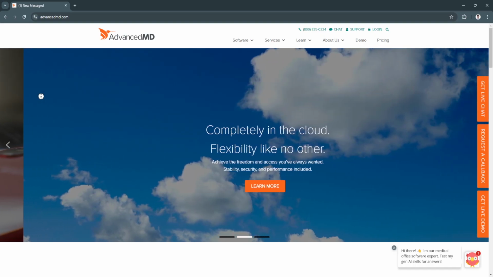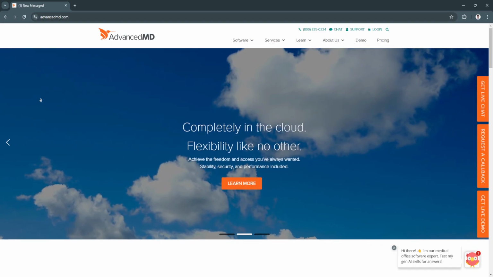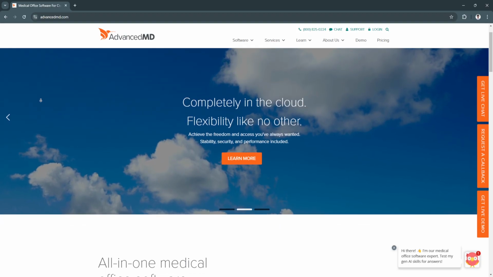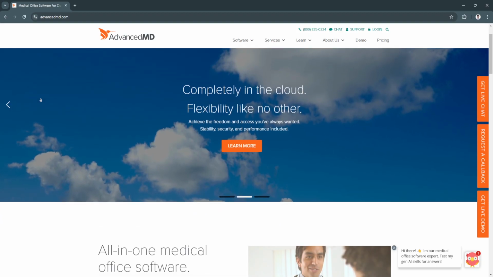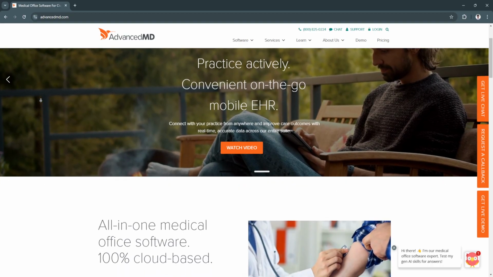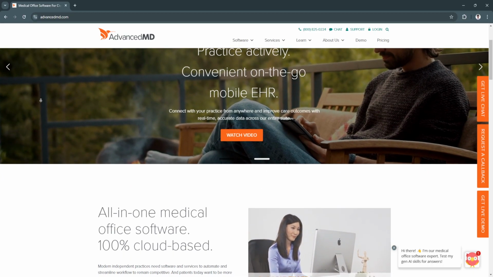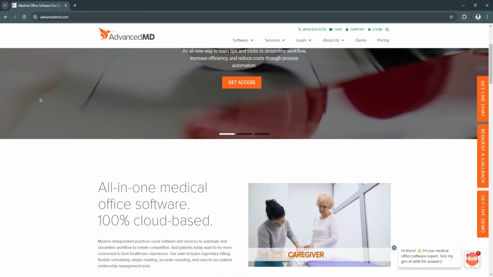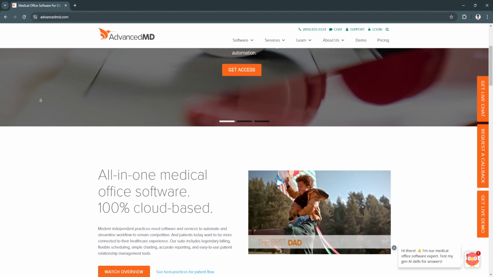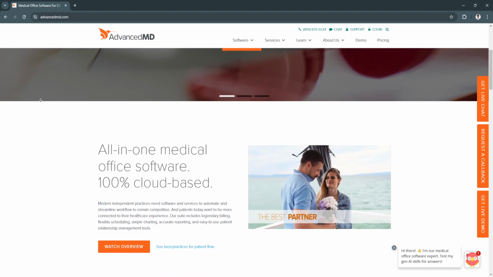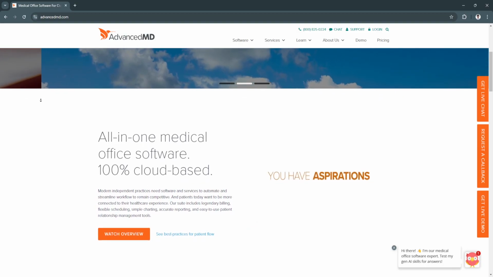AdvancedMD has become one of the leading choices for healthcare practices looking to modernize and streamline their operations. Its robust EHR/PM suite covers nearly all aspects of practice management, such as patient scheduling, clinical documentation, billing, and patient engagement.